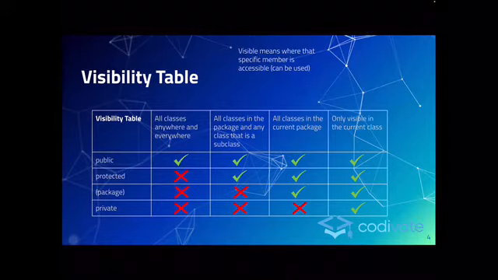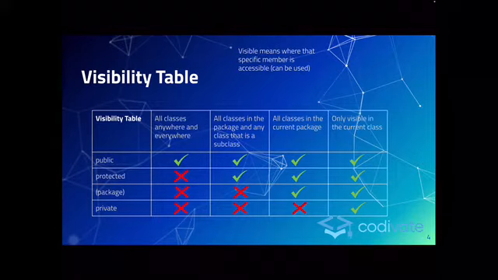If you use public, you can use any of that code anywhere else, in any file, anywhere. If you use the protected keyword, you can only use those variables and methods in the package and in any class that is a subclass of the class that you're writing.